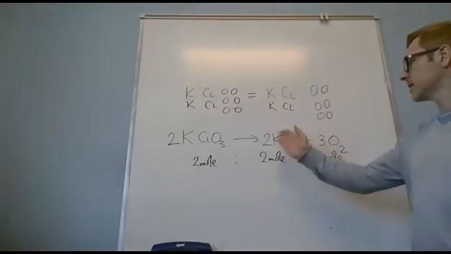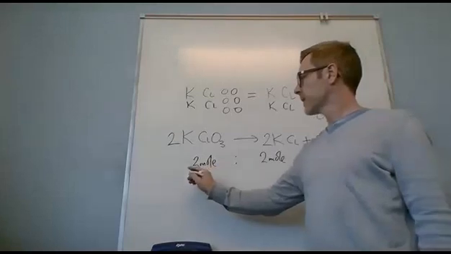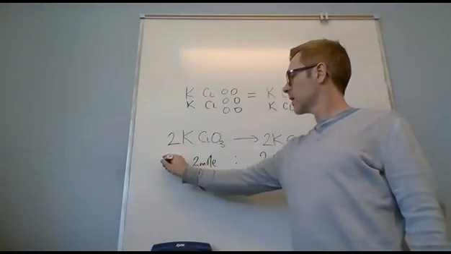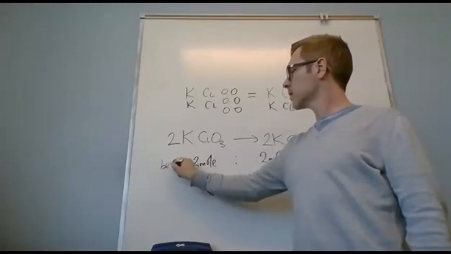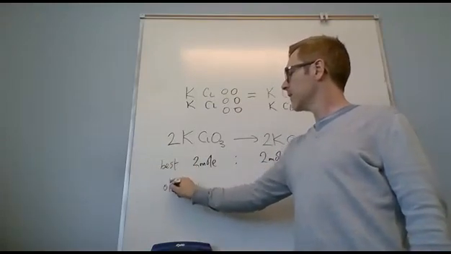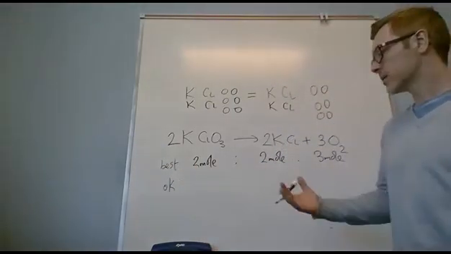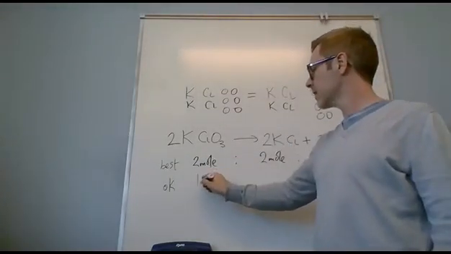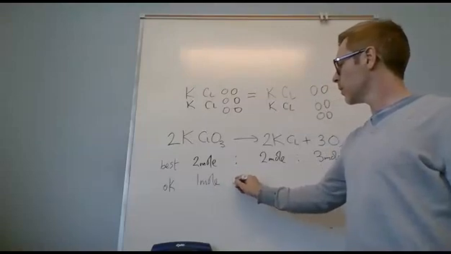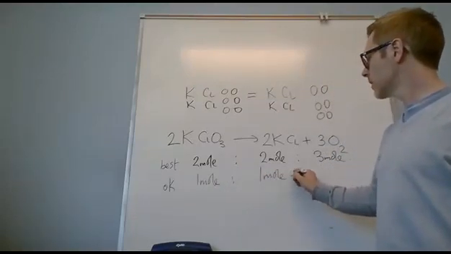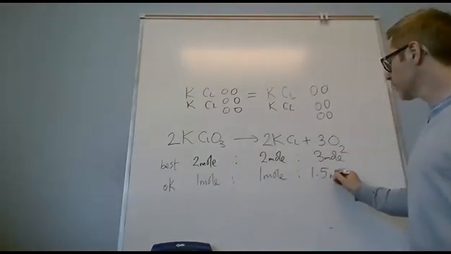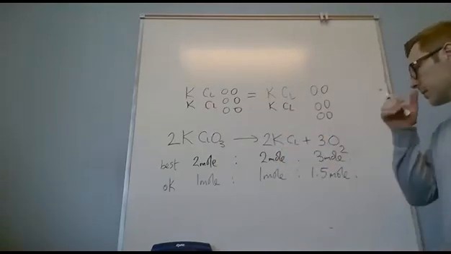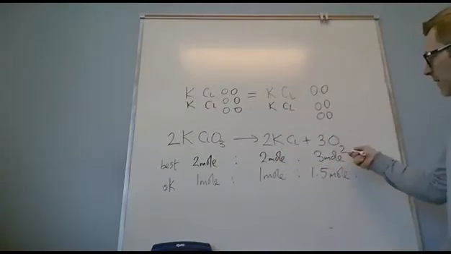Well, it's best to do it the other way. If you had it the uglier way, it would still be correct. You'd still proportionally have the same stuff. 1 mole to 1 mole to 1.5 mole. It's ugly, but it's not wrong. But again, you want to avoid having decimals.